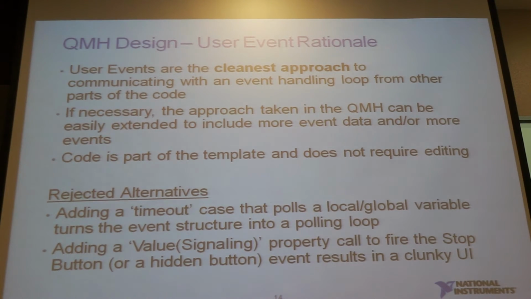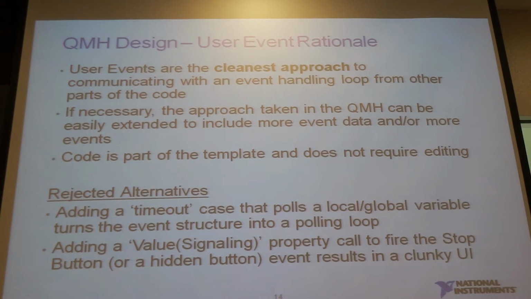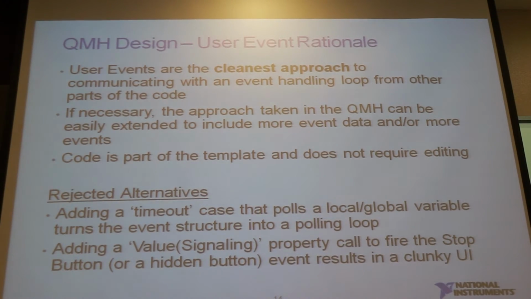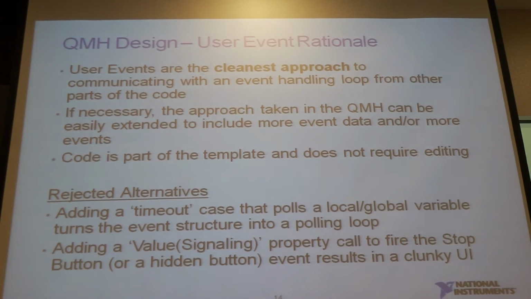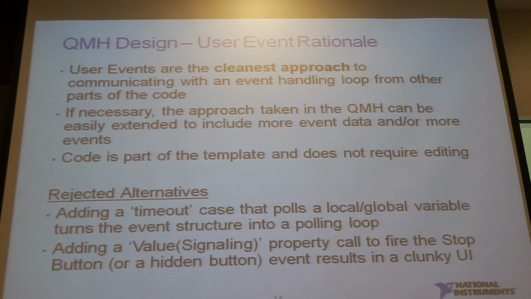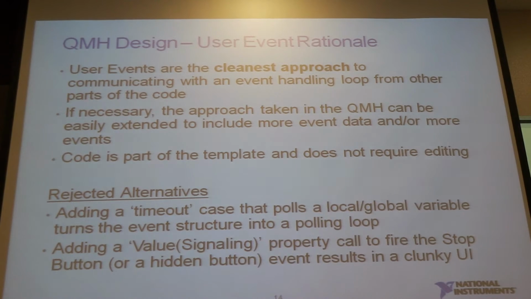So it can be done as well, but again, this will result in a clunky UI, because you need to initialize here and there, and you maybe have to have some hidden controls here and there. It becomes very clunky. So using the user events is the cleanest approach. Not the only approach, but it's the cleanest approach. Then we can see later why this is so.